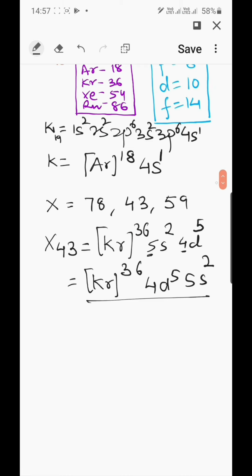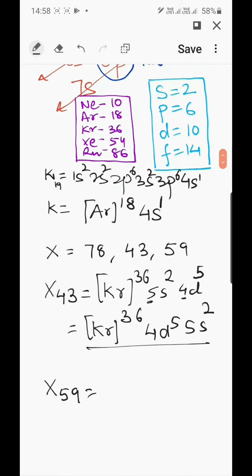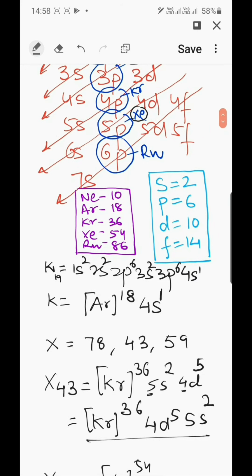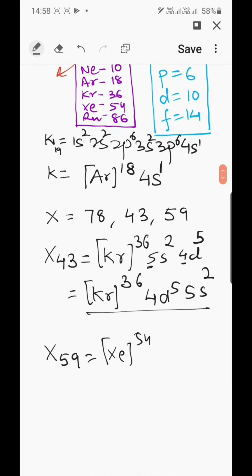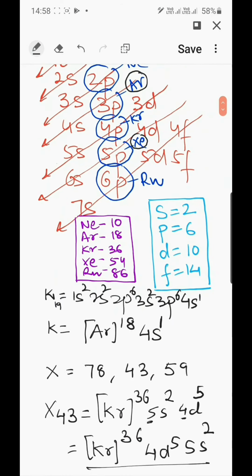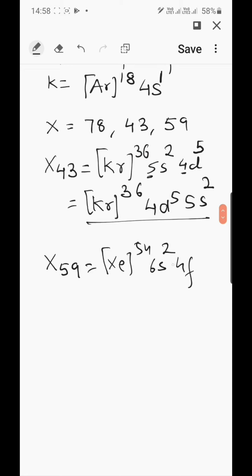Now I am going to write the electronic configuration of 59. So what is the noble gas which is suitable? That is xenon. Xenon has atomic number 54. The position of xenon is 5p. After 5p, you have to fill the 6s orbital. It contains 2 electrons. This is 56, and 3 electrons still remain, which now pass over to 4f, because after 6s the 4f orbital is to be filled.